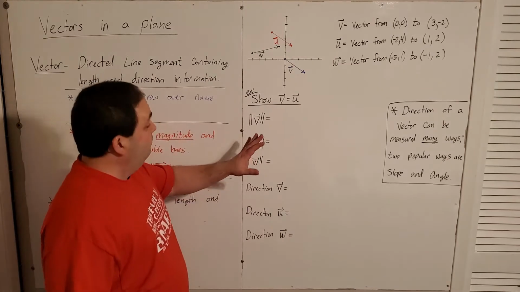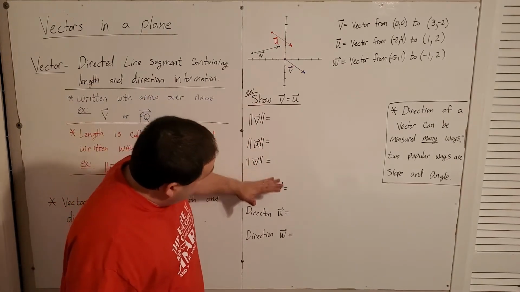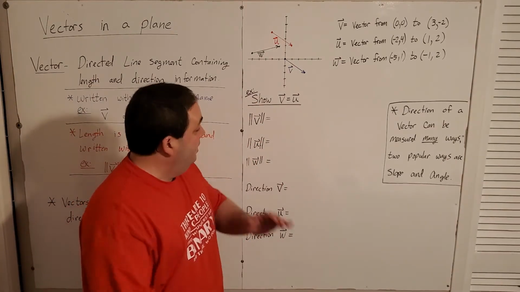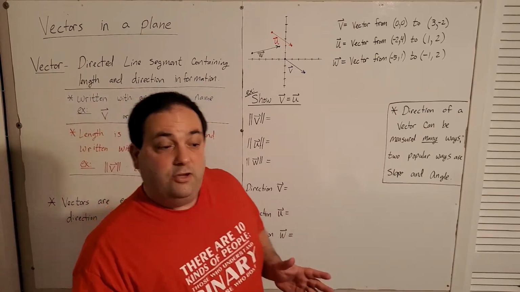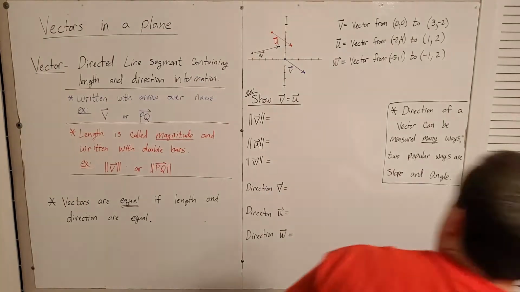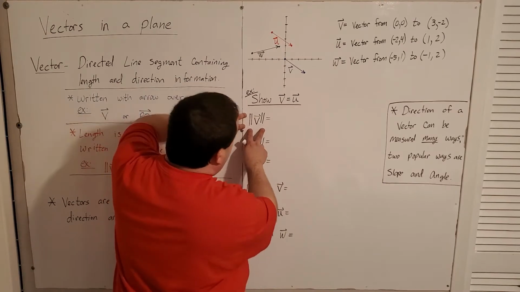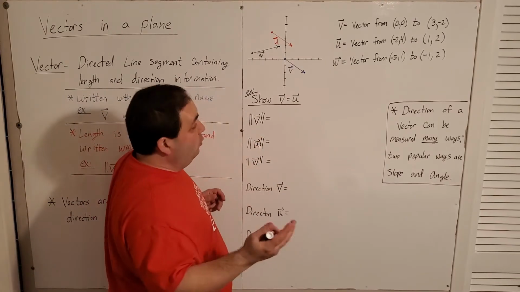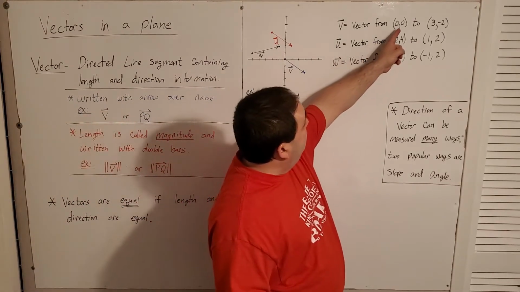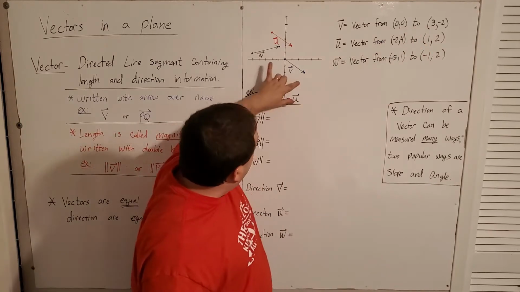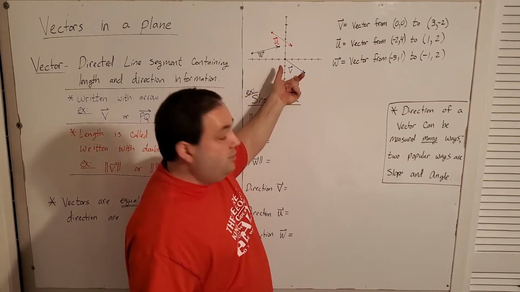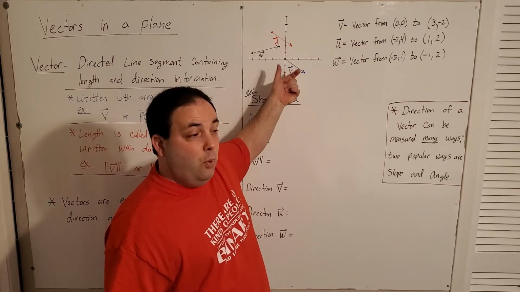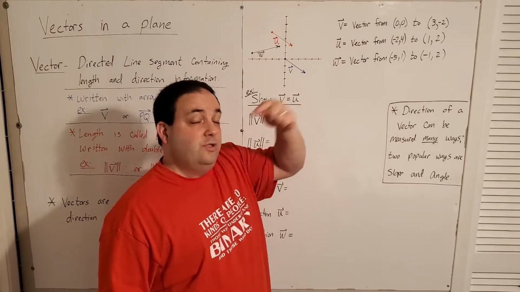So for this example, we're going to calculate the lengths and the directions of all three vectors, and then we'll show that v and u are equivalent. How would I get the length of the v vector? Well, the v vector is between the point 0, 0 and 3, -2. So that would just be the length of the line between the 2 points, which from algebra is just your distance formula.